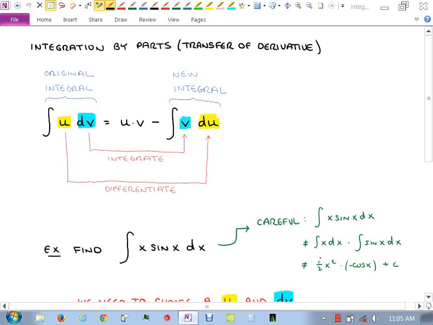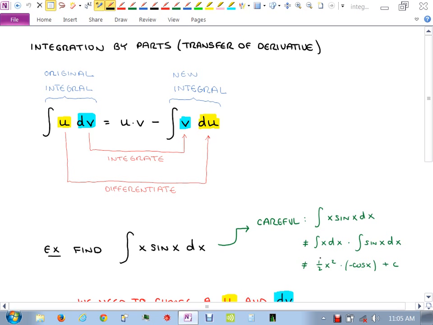So the idea is that you start with an integral and you change it into something minus a new integral, and you're hoping that that new integral is easier to solve than the original one. That's the idea. You're hoping that what's in that new integral is better than what you had to start with.